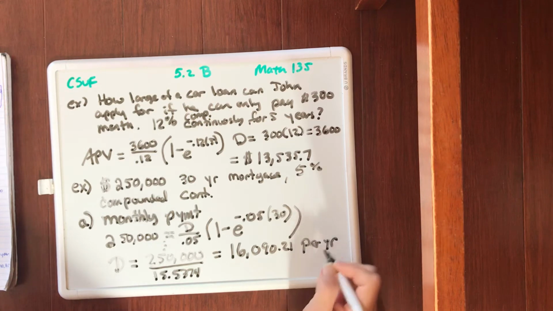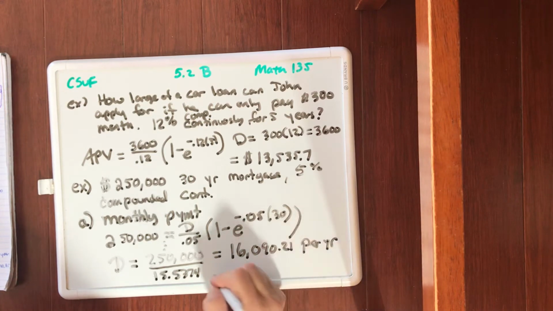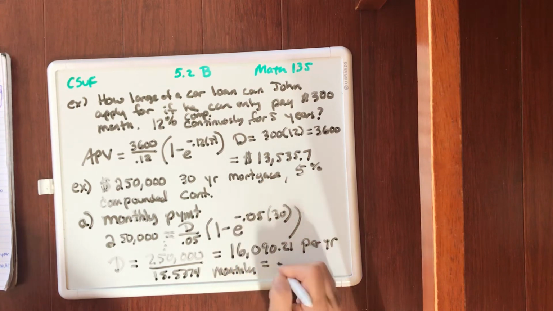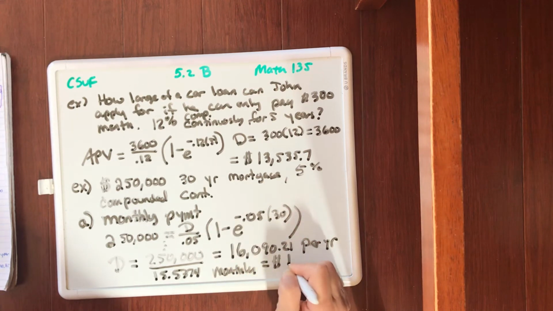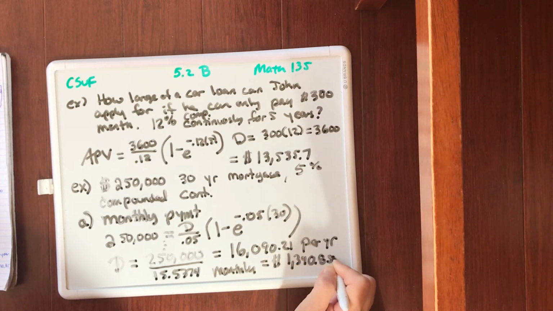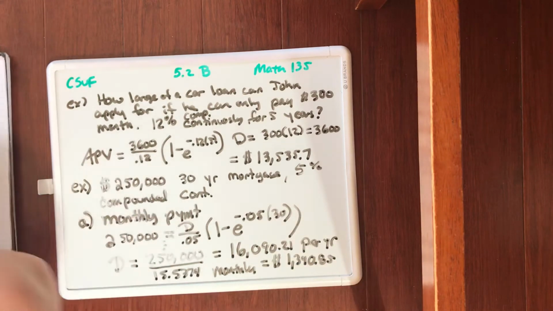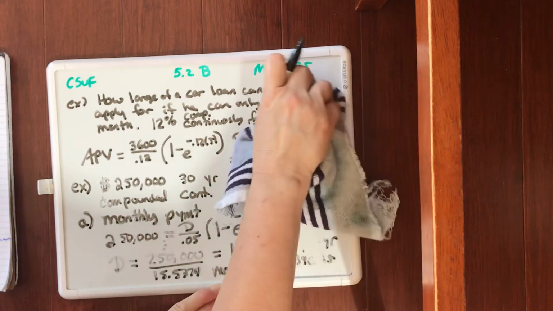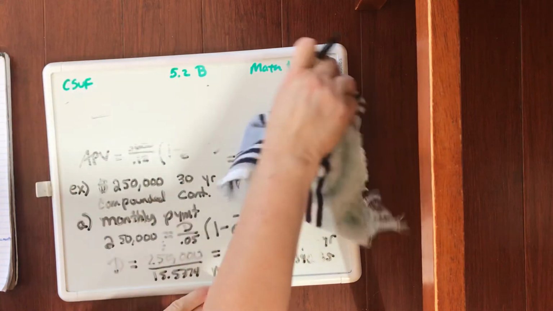But we need to know what that is per month. So for the monthly, we would divide that by 12, and that equals $1,340.85. Okay, let's go on to the next part of the question. Hope my pen will last that long.